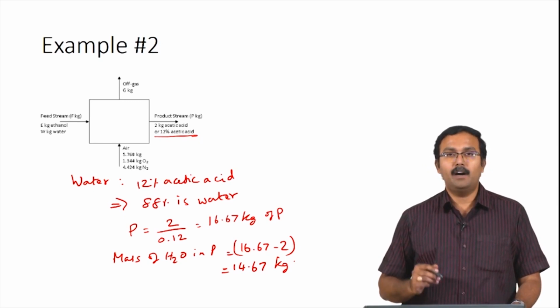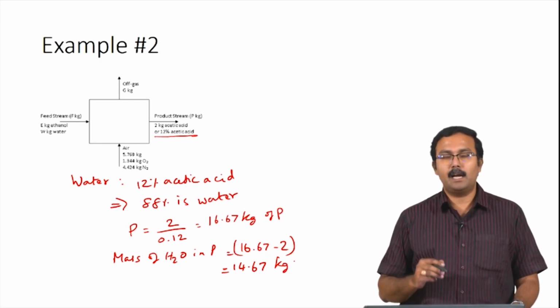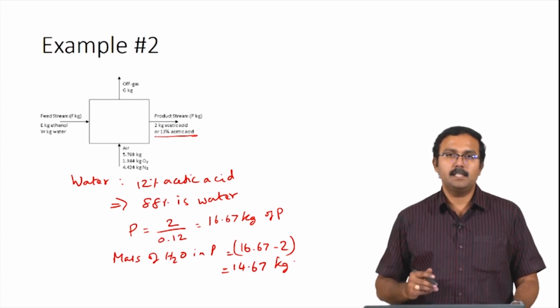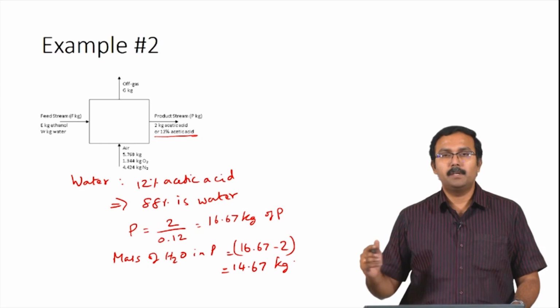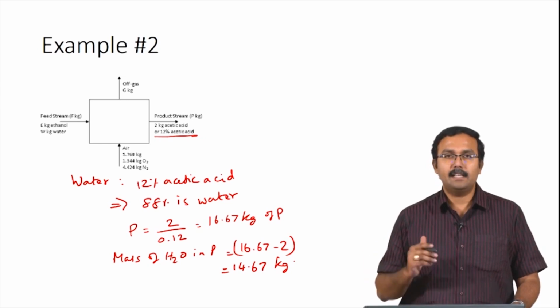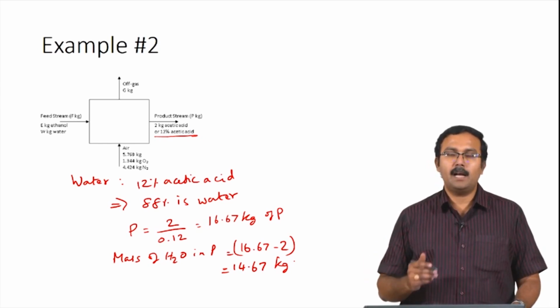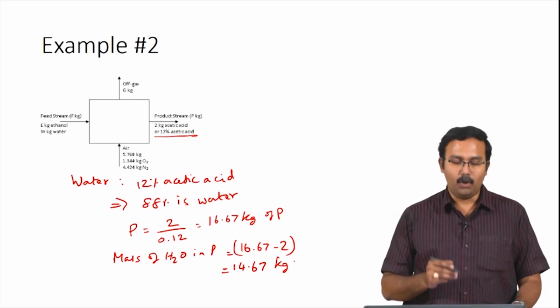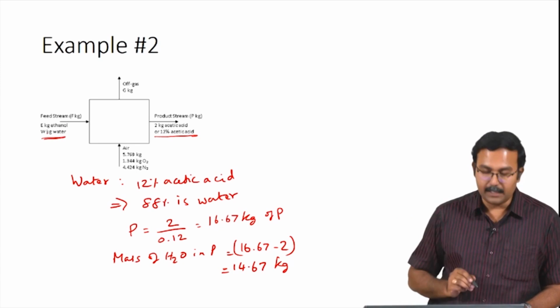So, we need to have at least 14.67 kilograms of water in the product stream, so that the water dilutes acetic acid to a 12% concentration. To get 14.67 kilograms of water in the product stream, we would have to have water which is supplied through the feed.